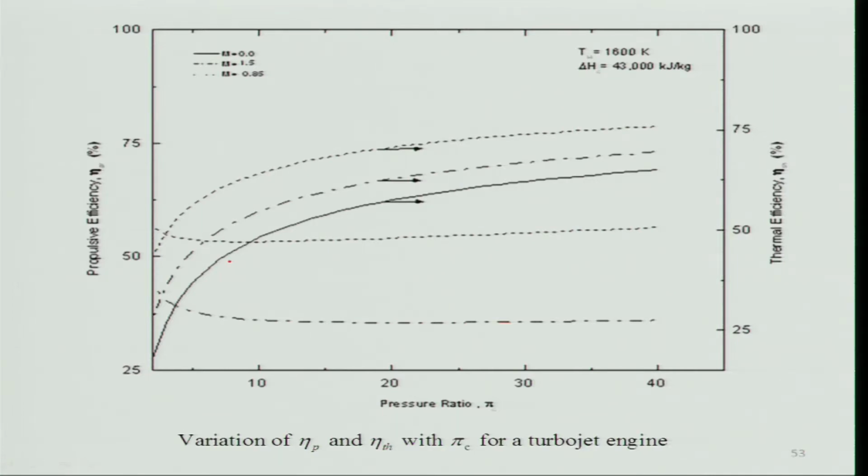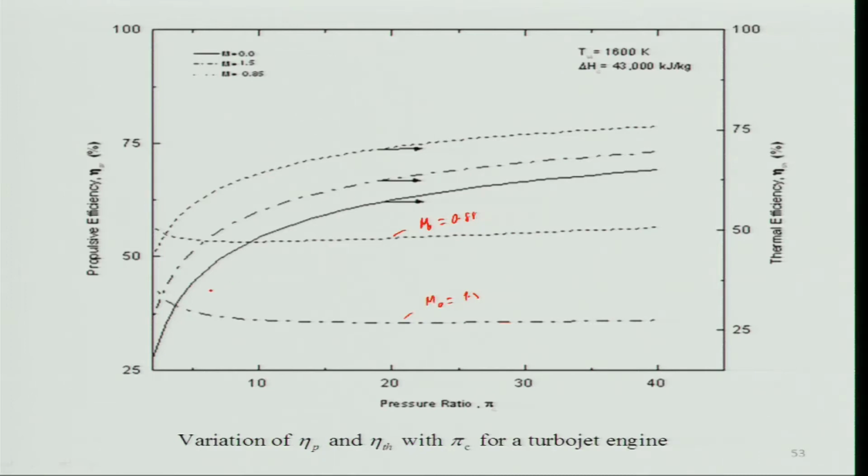Whereas this one, the Mach number of 0.85, has higher propulsive efficiency as compared to 1.5, but it has similar features as the pressure ratio increases. It is very high over here and decreases, maybe to a minimum at a certain pressure, which is not very obvious in this diagram, but when you look at the numbers you will get that.